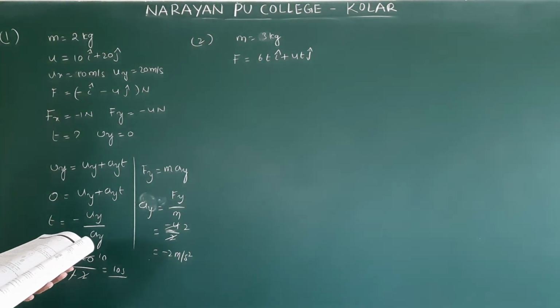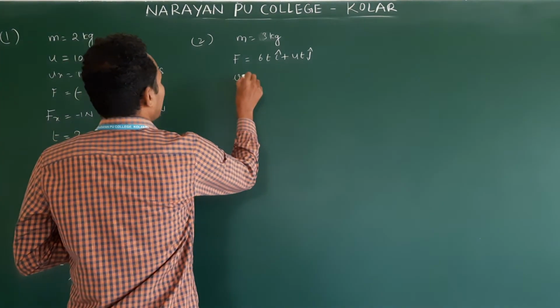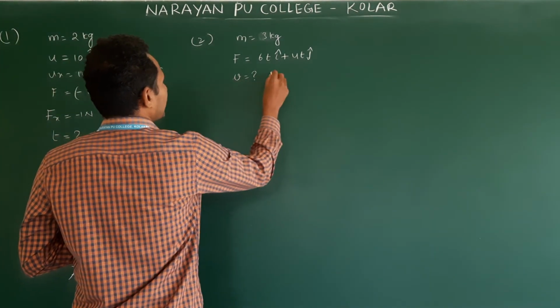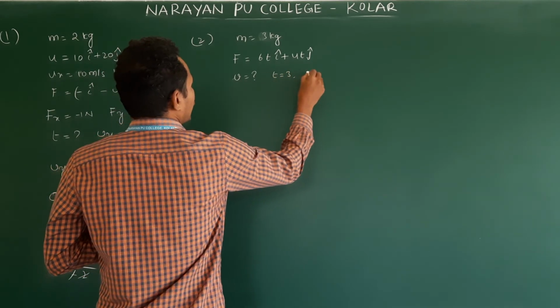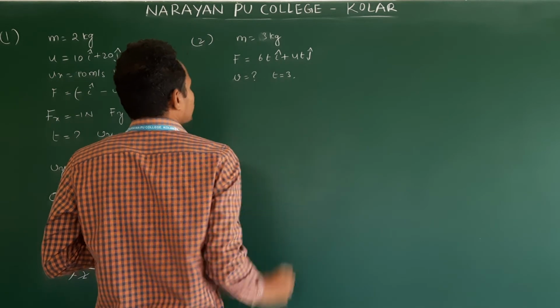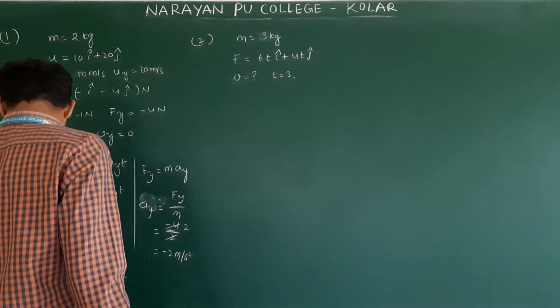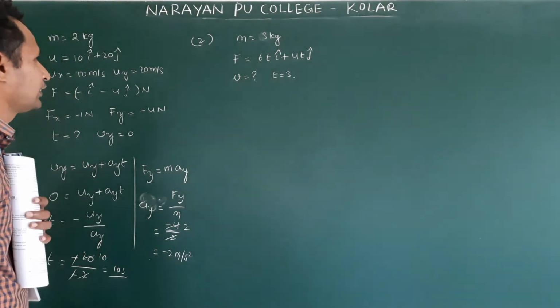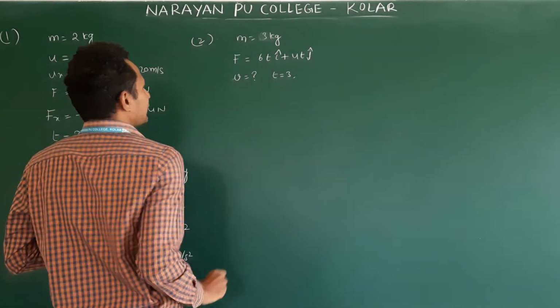They are asking the velocity at t is equal to 3 seconds. So F is given, and they are asking V in 3 seconds.